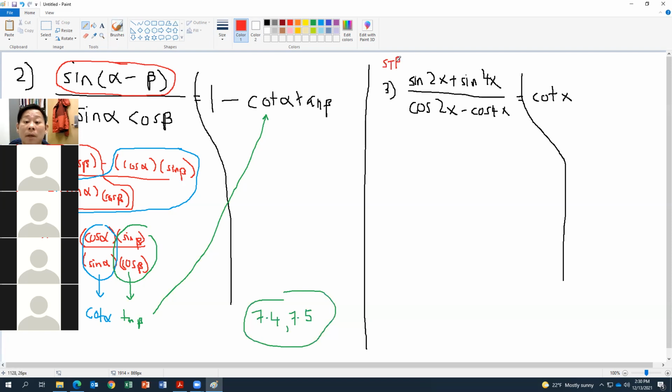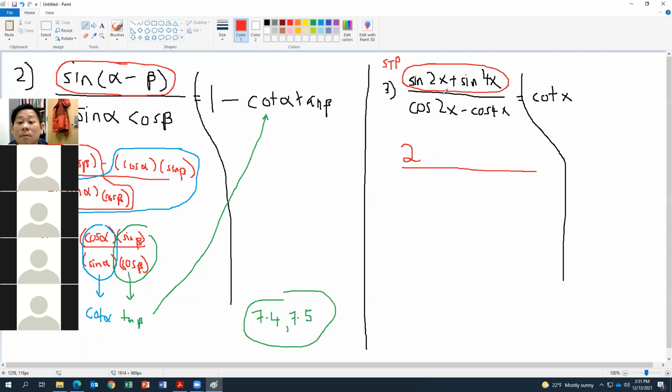So can you tell me what is the STP for the first one? Sine 2x plus sine 4x. What does the formula say when you use a sum to product?